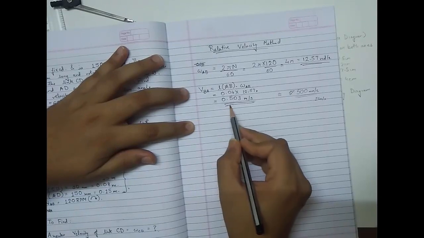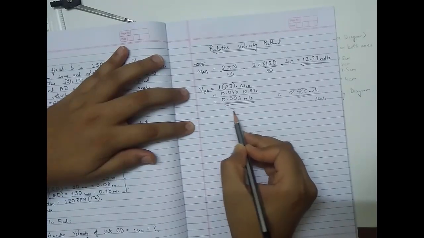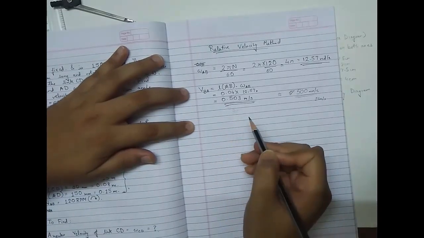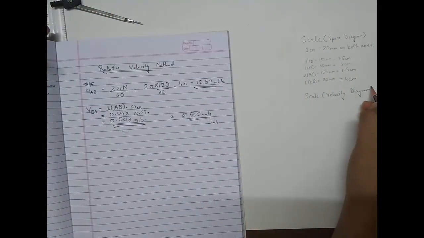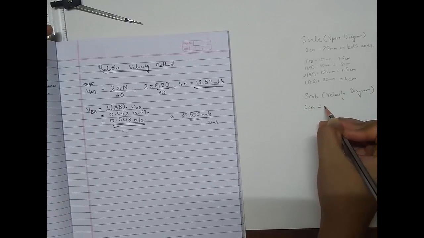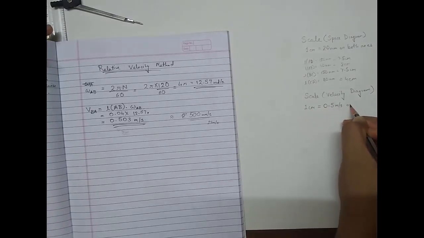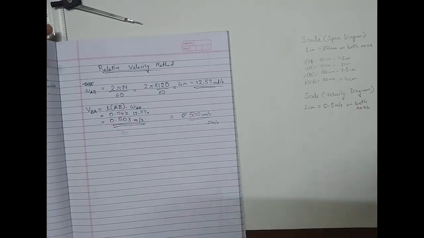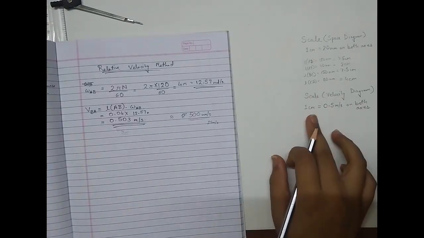We can take 0.5 as approximately equal to 5 centimeter on our scale, right? So what does our velocity diagram scale become?